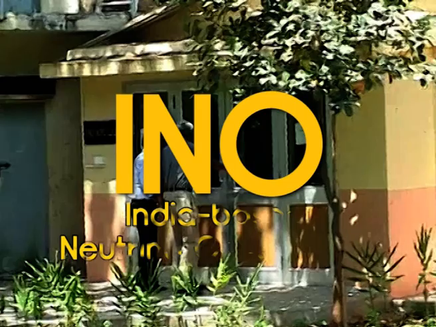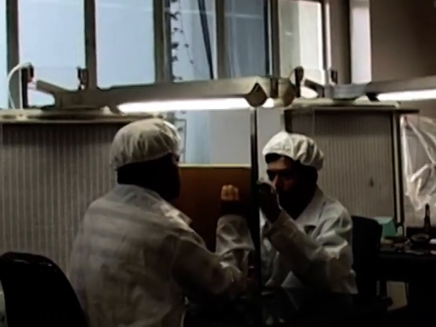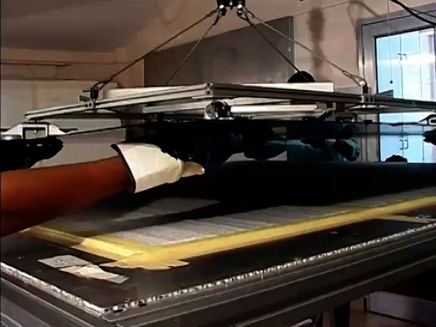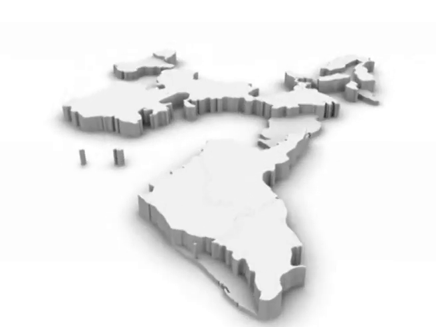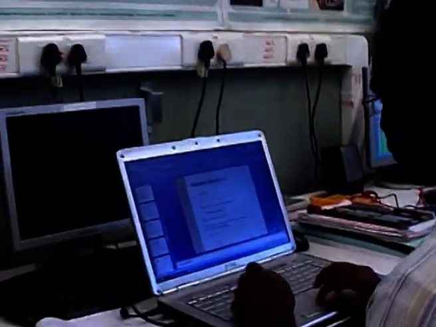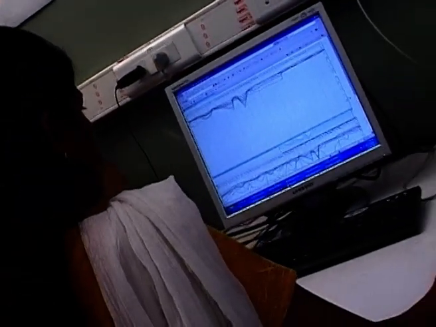We at the INO have one goal: to build an institute of world standards at par with the best anywhere across the globe. This will also open up the path to large scientific collaborations within India. We foresee the best minds to be attracted to the INO, further enriching it.